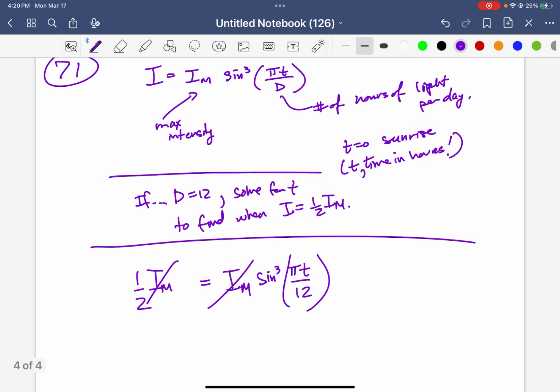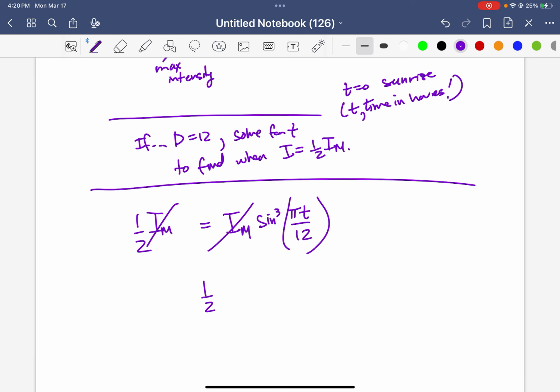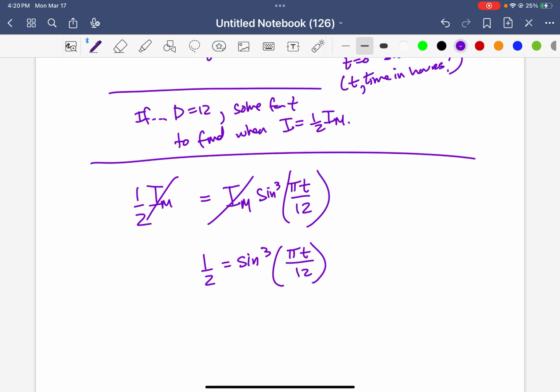Well, notice these cancel out. So I get 1/2 is equal to sine cubed pi t over 12, right? So if I then take the cube root of both sides, I get the cube root of 1/2 is equal to sine pi t over 12.